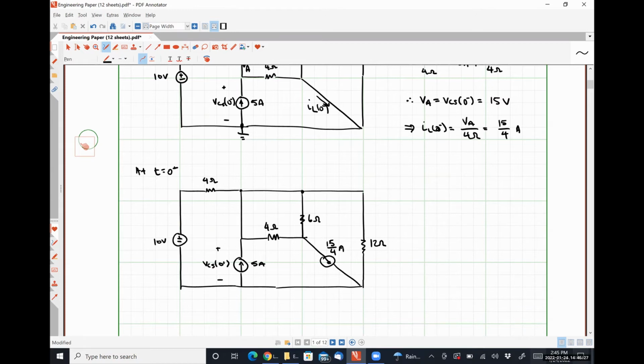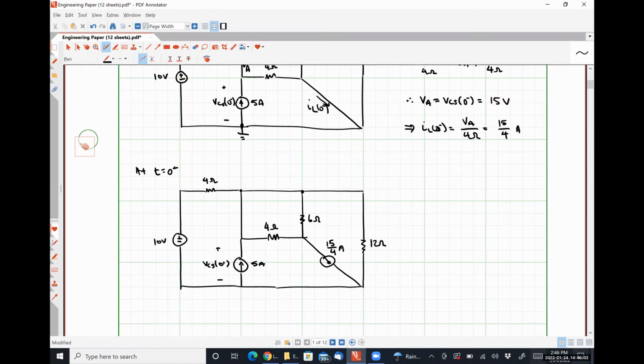Okay. So how do we go about solving for VCS? Anybody? We could do nodal again, right? I'm going to identify my nodes here. We're going to use nodal analysis. Some of you may be thinking, let's use mesh.